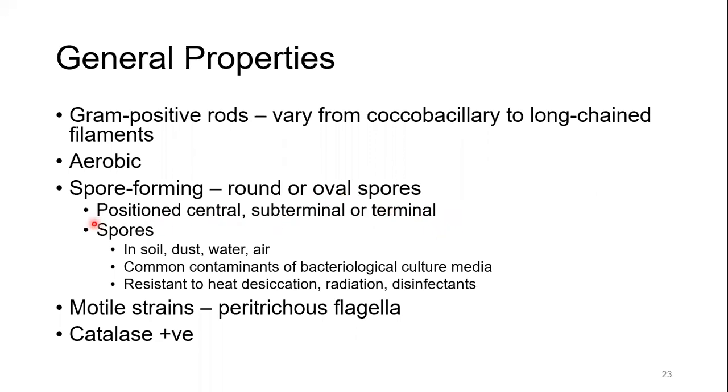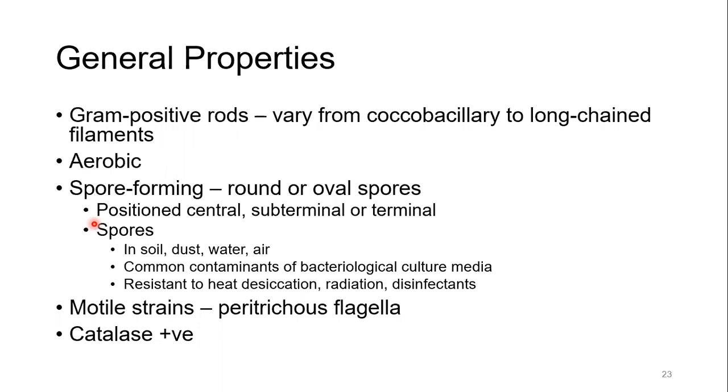The spores tend to be found in soil. From soil, of course, they can spread to dust, to water, into the air. They are also common contaminants of culture media, and that's why taking care of the environment within the lab is very important, because if you don't, then you'll tell people that they have bacillus while they don't.